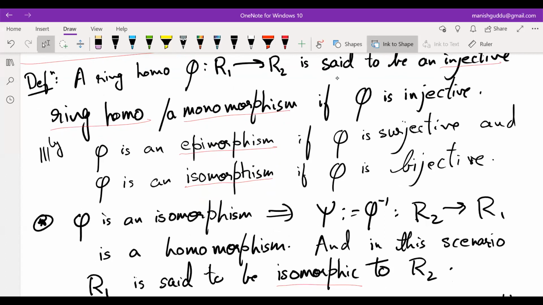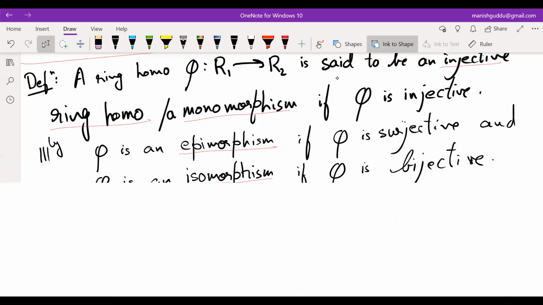So this definition is equivalent to saying that there exists an inverse map which is also a homomorphism. Being bijective is equivalent to saying that. So maybe one should see this. Okay, so maybe I'll put this as an exercise. So check, this is an exercise.